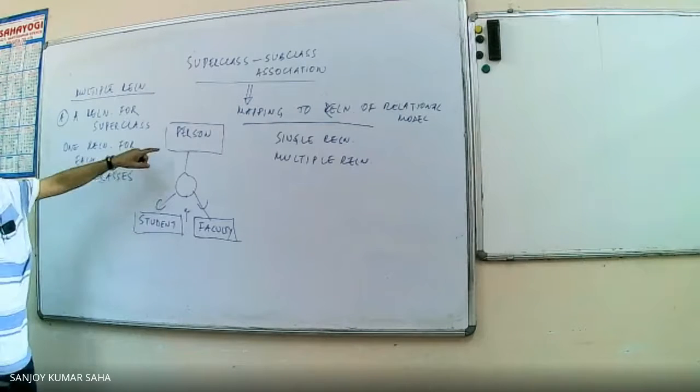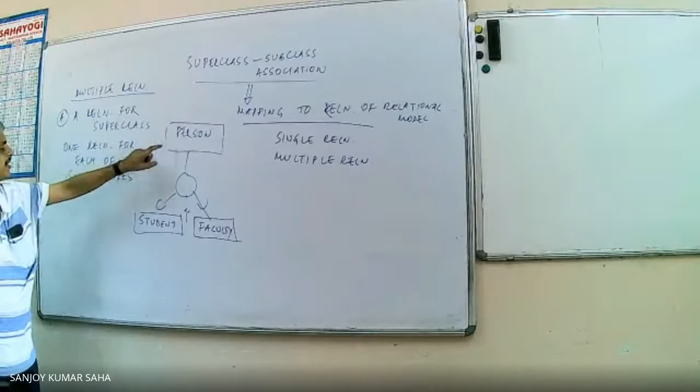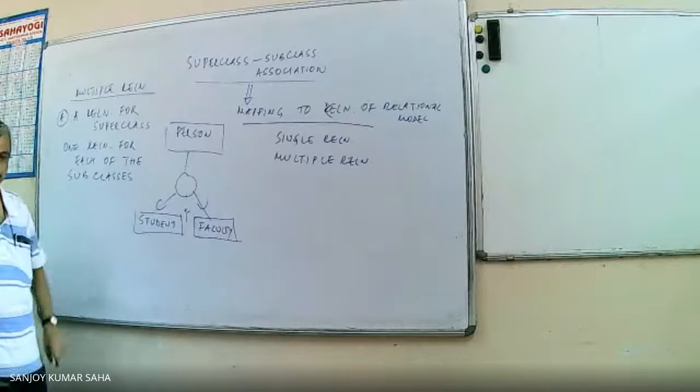So basically then we have a person relation, student relation, faculty relation.